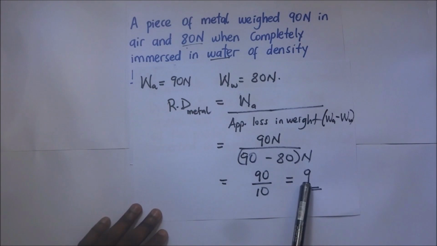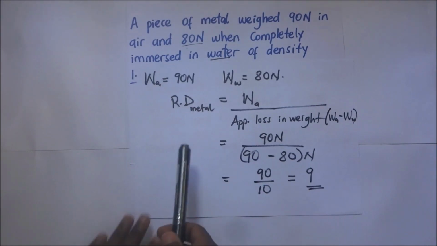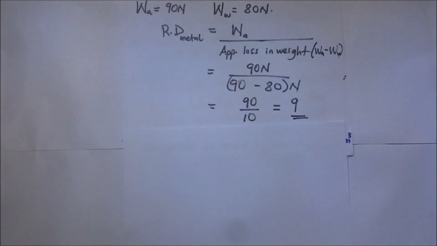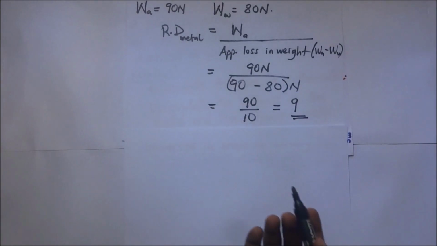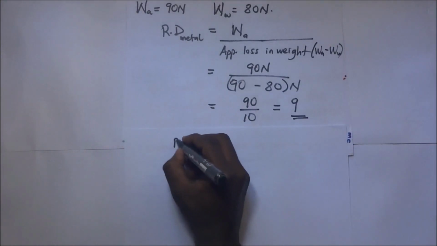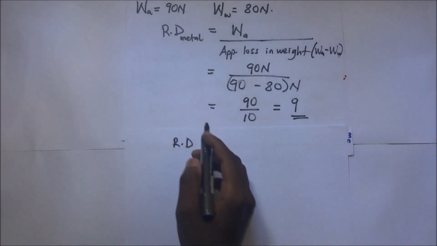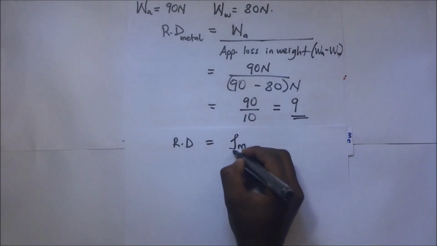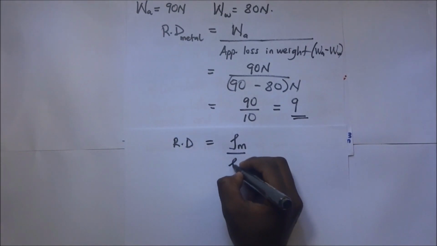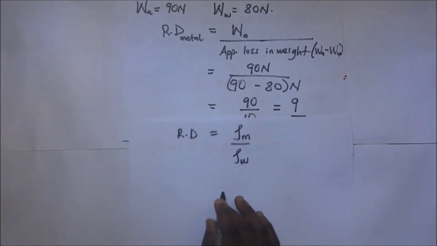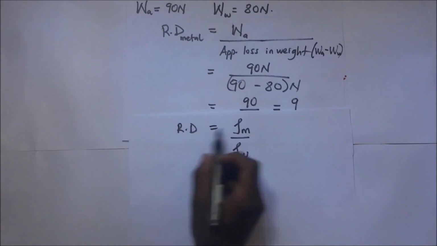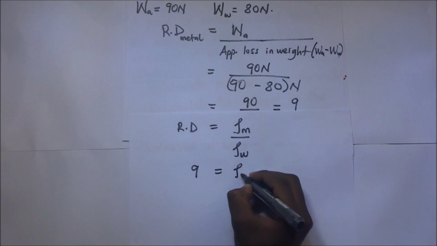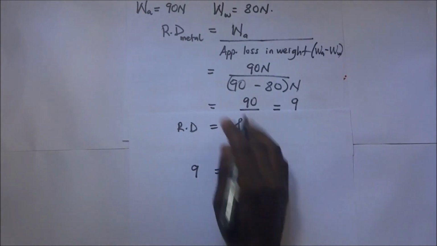So after getting our relative density of the metal, we will now find the density of the metal itself. Of course, we get it from this expression. We know that the relative density of the metal is given by the density of the metal divided by the density of water. The relative density of the metal here is 9, so 9 is given by the density of the metal divided by the density of water.